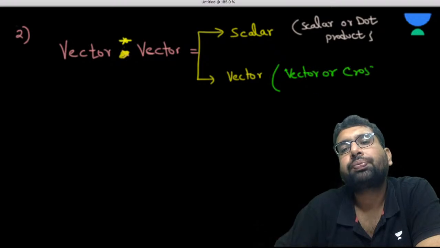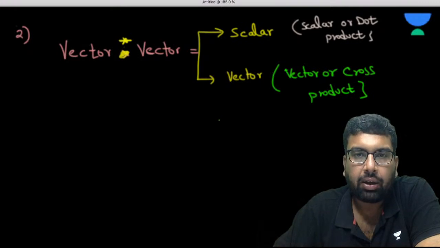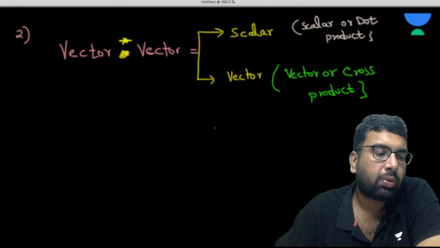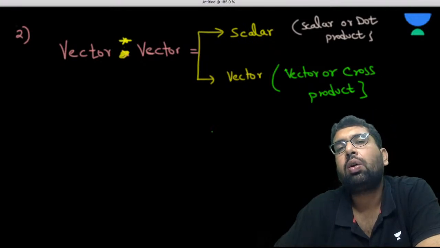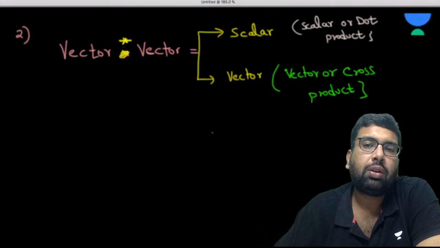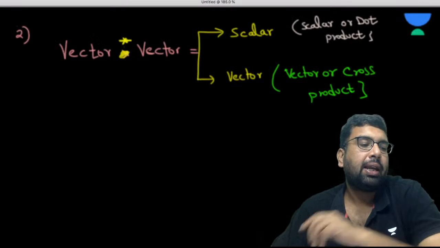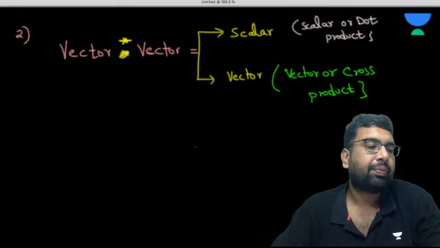So this cross and this dot are basically operators, which give you the idea of how we are going to do the multiplication and finally get the result. You can consider these the two ways of multiplying vectors.